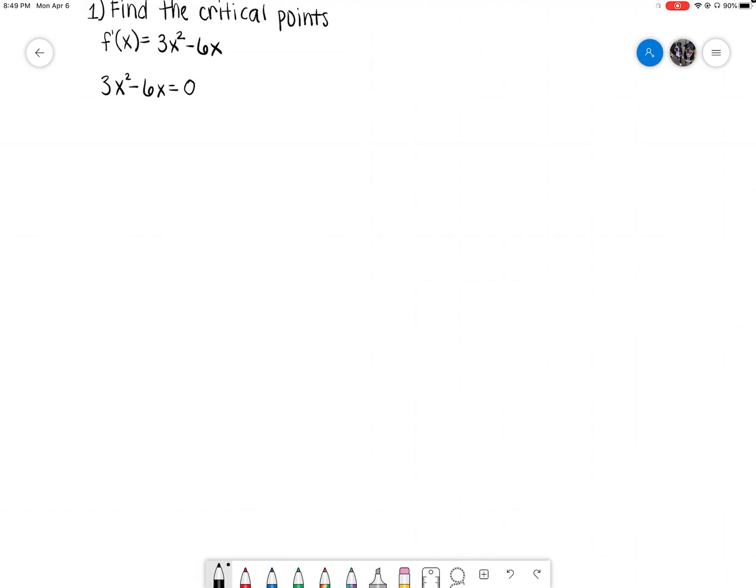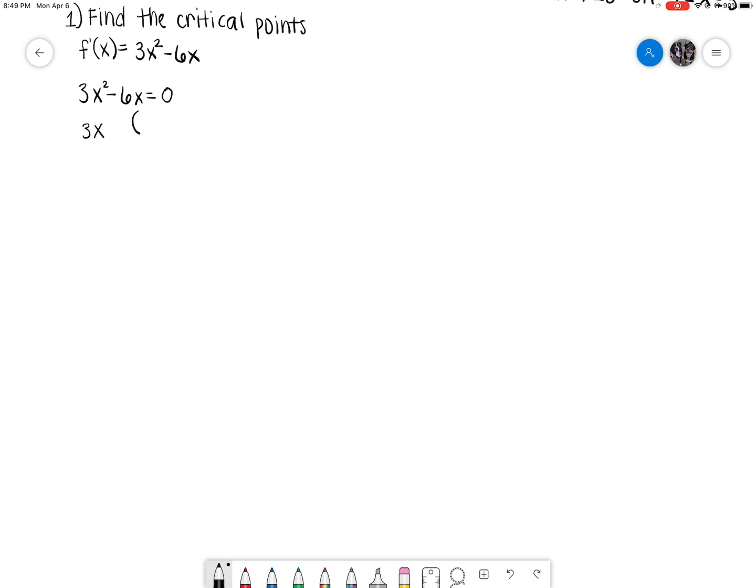Then see, can we factor this? Turns out yes, we can. This factors into 3x times x minus 2. Still set that equal to 0. So this tells us our critical points are x equal to 0 and x equal to 2.